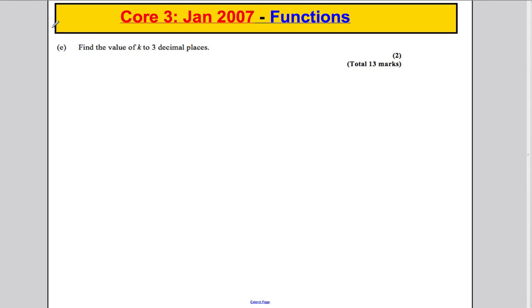Find the value of k to 3 decimal places. In order to do that, I just keep tapping equals on my calculator.